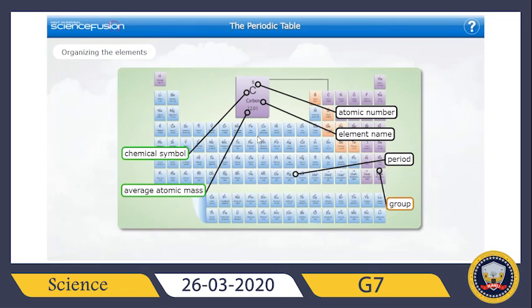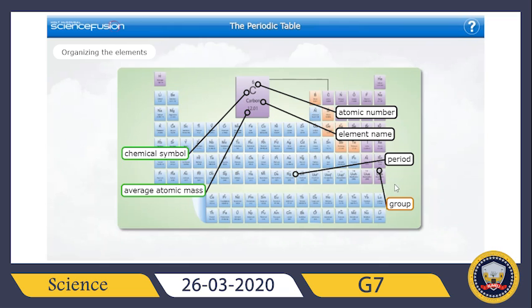We learned that in a periodic table, the elements are organized according to their atomic number, starting from 1 and going accordingly, 1, 2, 3, 4, 5, in numerical order. And it gives the chemical symbol, element name and average atomic mass.